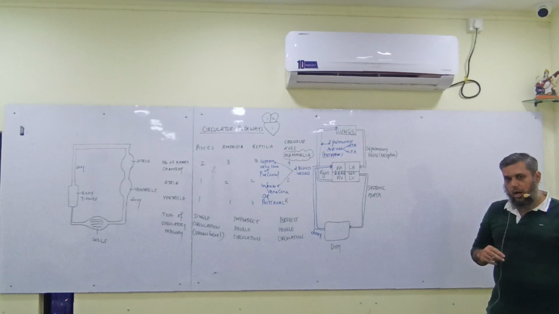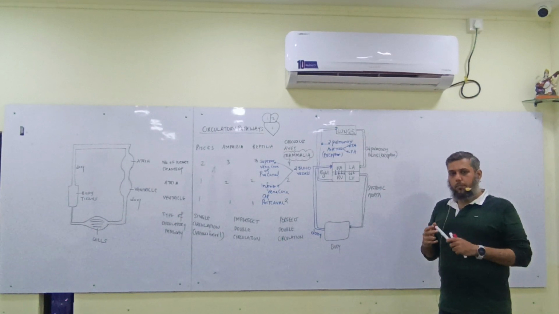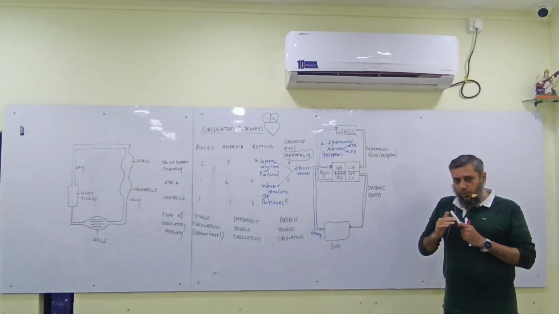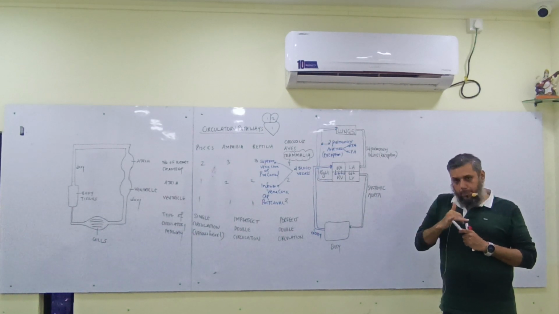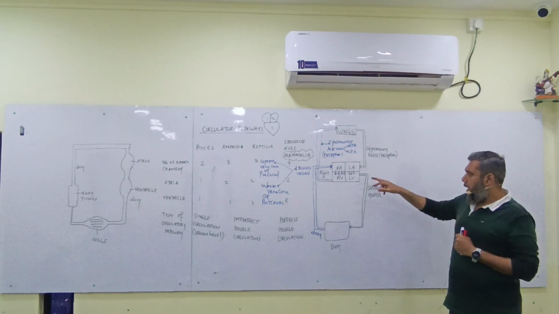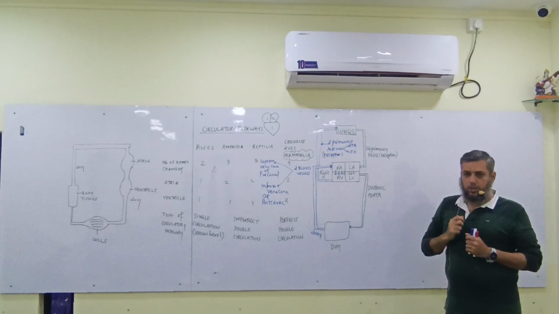So can I say now the heart is pumping the blood in two circuits, two pathways, separately for the respiratory organ lungs and separately for the body. Unlike the case of fishes, our heart is involved in two circulations.